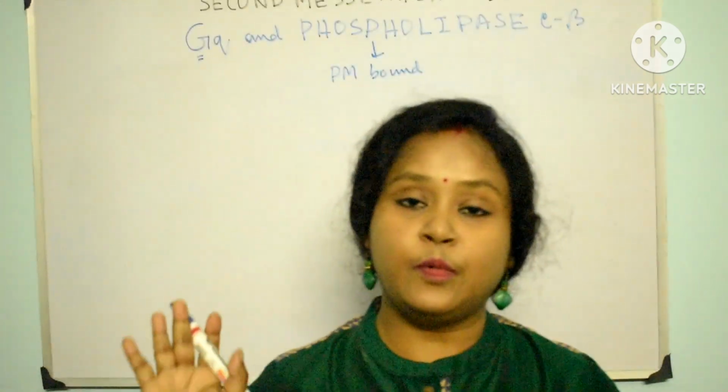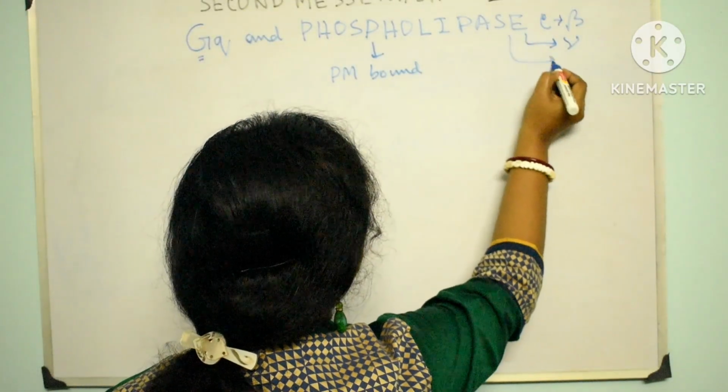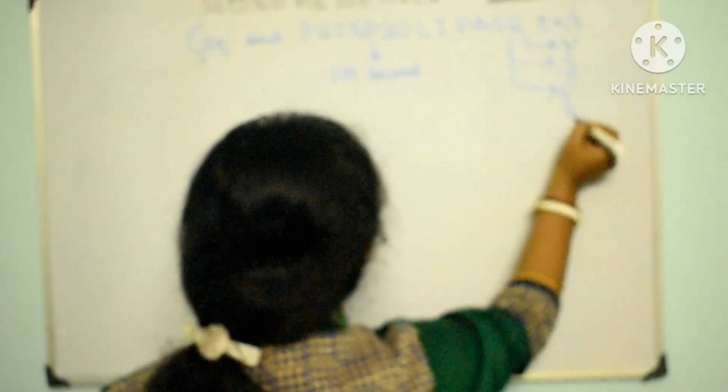Normally, mammals express 4 classes of phospholipase C: PLC beta, PLC gamma, PLC delta, PLC epsilon.